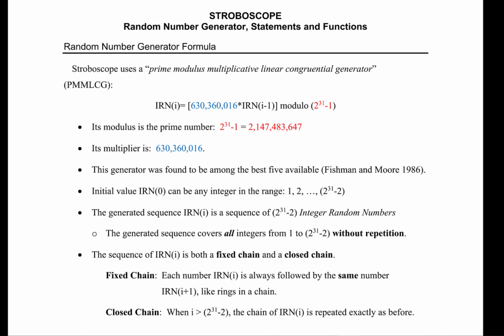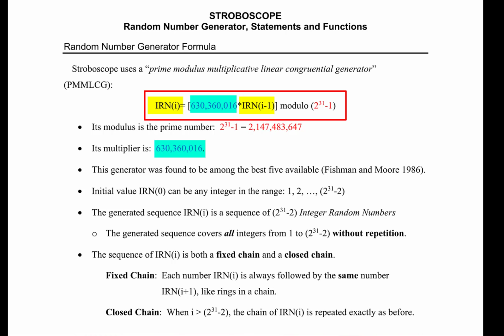The stroboscope random number generator formula is shown here. Stroboscope uses a prime modulus multiplicative linear congruential generator that takes as input an integer random number and produces the next integer random number. The initial random number is multiplied by the multiplier shown here, and then stroboscope performs a modulo division where the modulus is the prime number 2 to the 31st power minus 1.